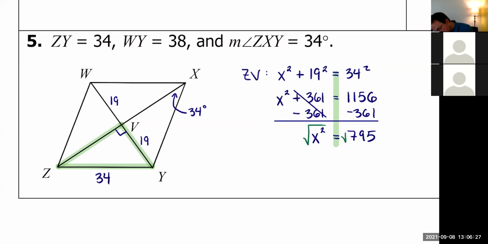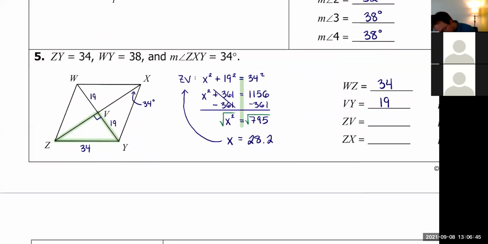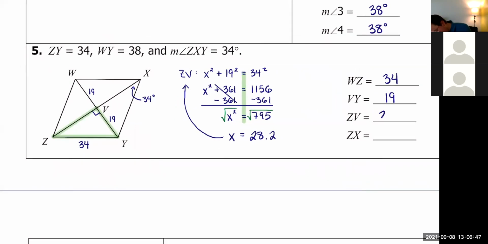Take the square root of both sides. I get x, 28.2. Don't forget though, x was representing our ZV. ZV then is 28.2.